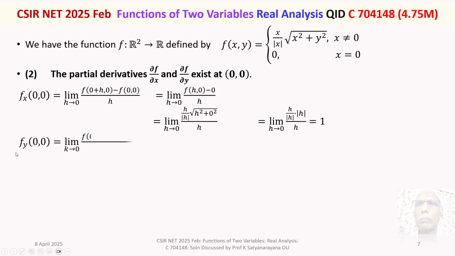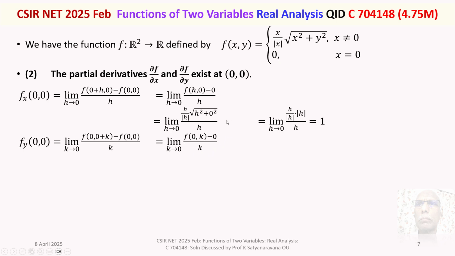The partial derivative of f with respect to y at 0 comma 0 is equal to limit k tends to 0 f of 0 comma 0 plus k minus f of 0 0 by k. And that will be limit k tends to 0 f of 0 comma k minus 0, because f of 0 comma 0 is 0, by k.